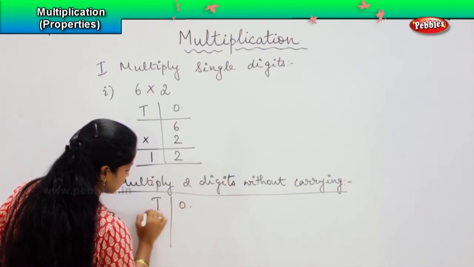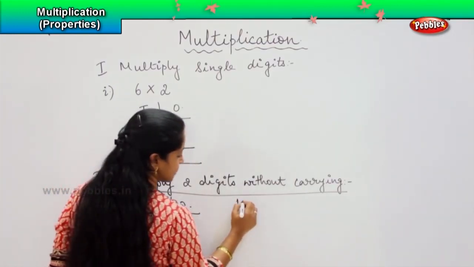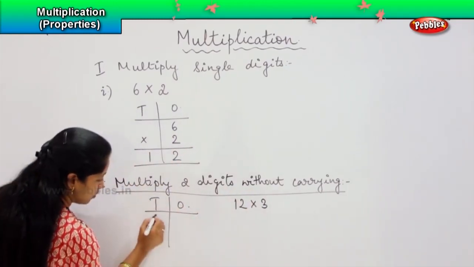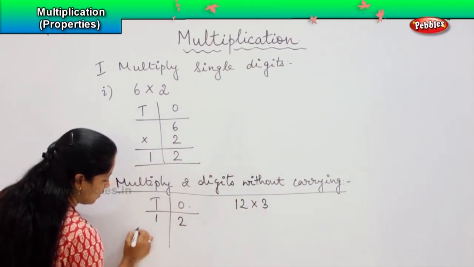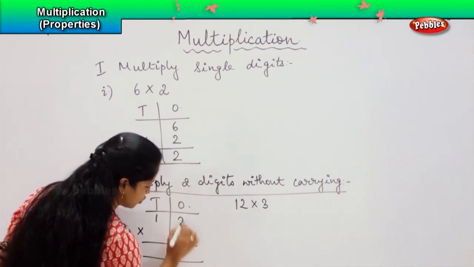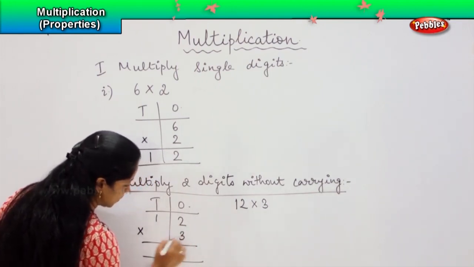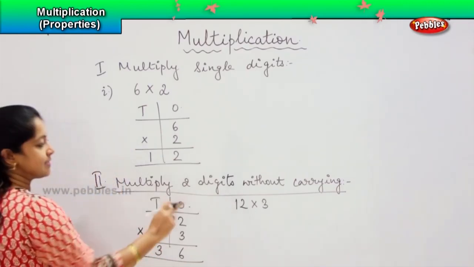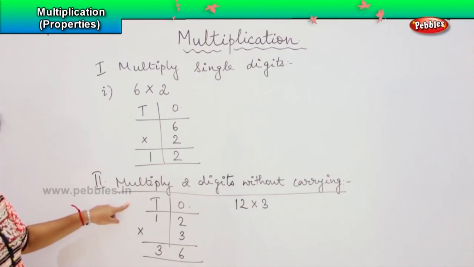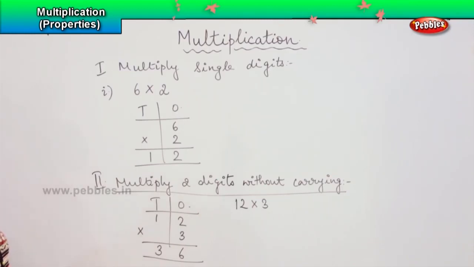Tens, ones. Okay, my question is say 12 into 3. So here I will write 12 into 3. So 2 threes are 6, 1 three is 3. So this is without carrying, which means that here no number is carried to the tens column.